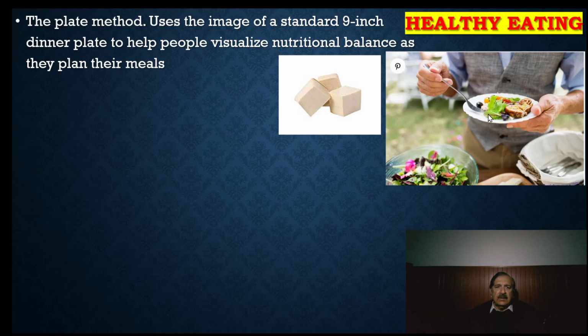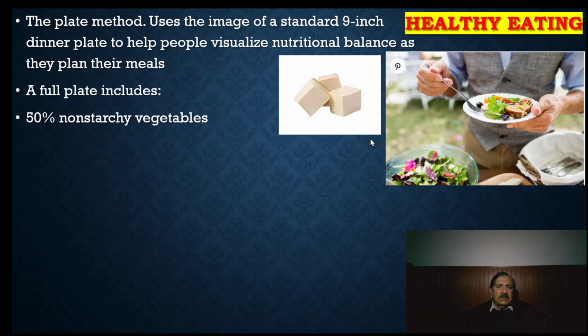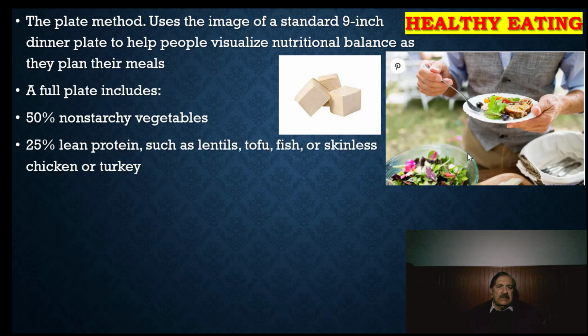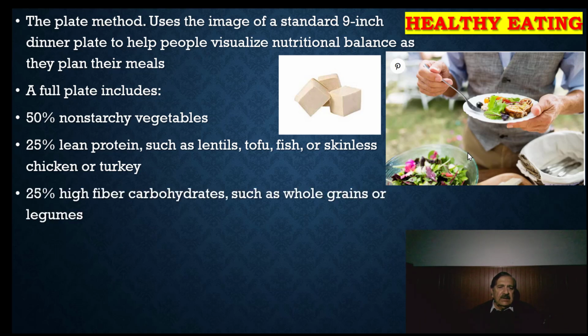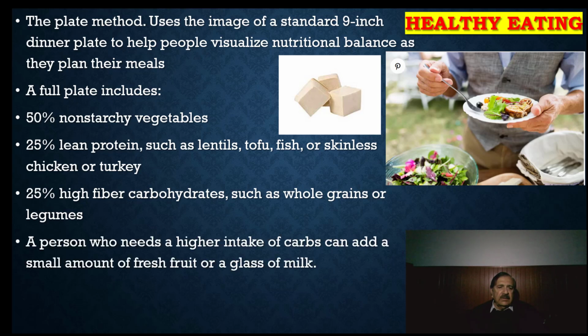A plate includes 50% non-starchy vegetables, 25% lean protein such as lentils, tofu, fish or skinless chicken or turkey, and 25% high fiber carbohydrate such as whole grain or legumes.